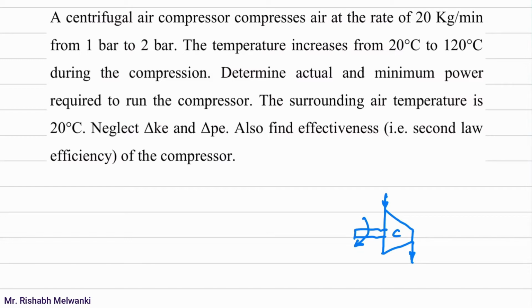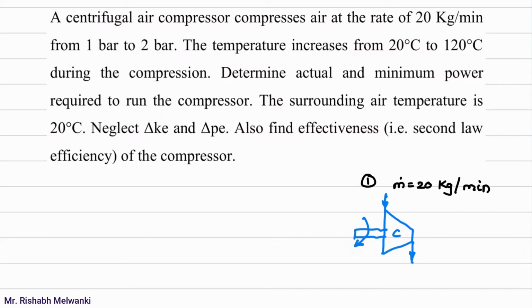Now what is the rate at which air is entering? I'll write down that data over here. Air is entering, so m dot value is 20 kg per minute. I can convert this kg per minute into kg per second.